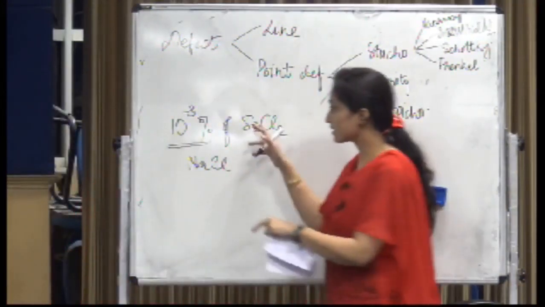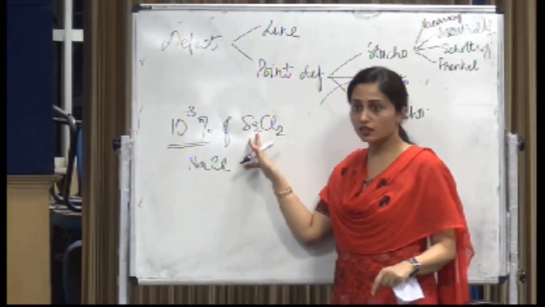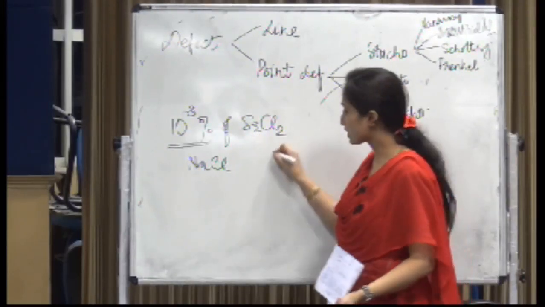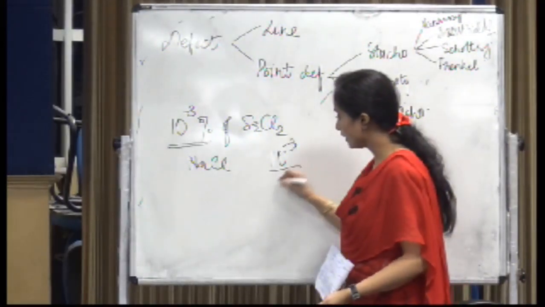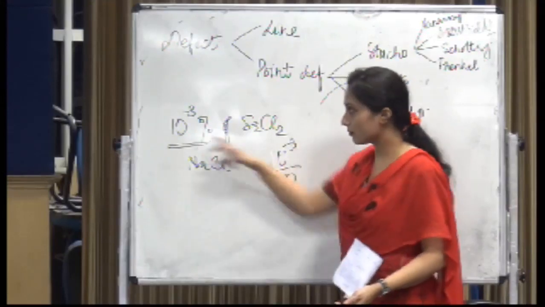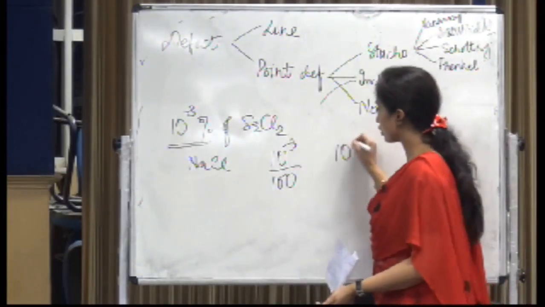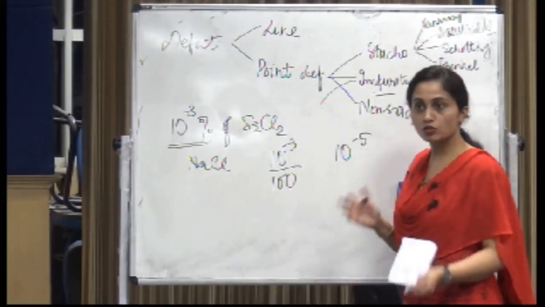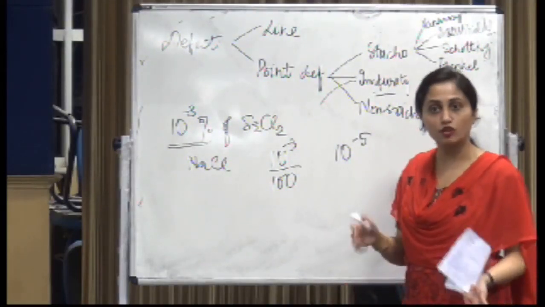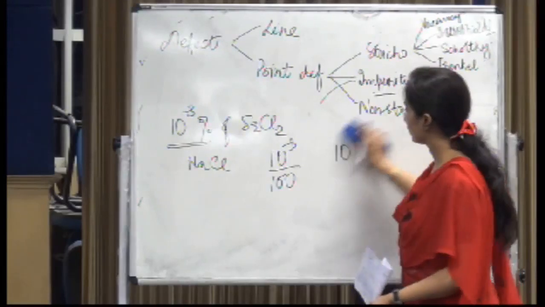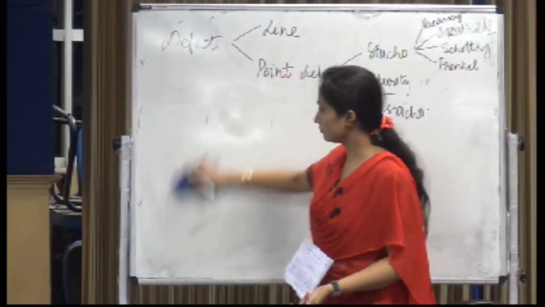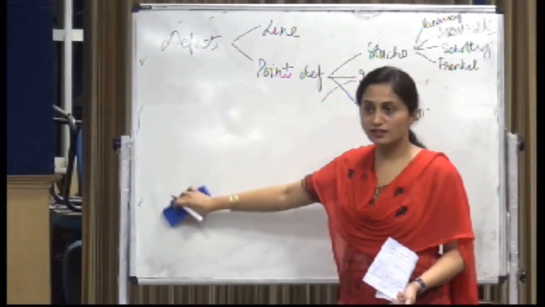The amount of vacancy created will be equal to the number of Sr2+. That is 10 to the power minus 3 divided by 100, because it is 10 to the power minus 3%. So the answer is 10 to the power minus 5. So the number of vacancies created is 10 to the power minus 5 per mole.